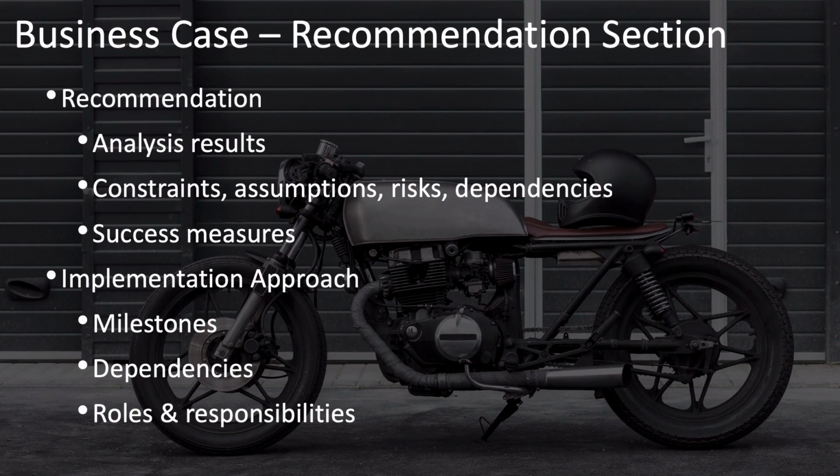In addition to the recommendation, you will probably want to include an implementation approach and identify some of the key milestones, high-level dependencies, and broad roles and responsibilities on the project for this particular recommendation.